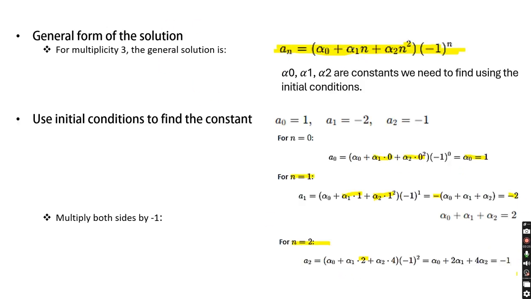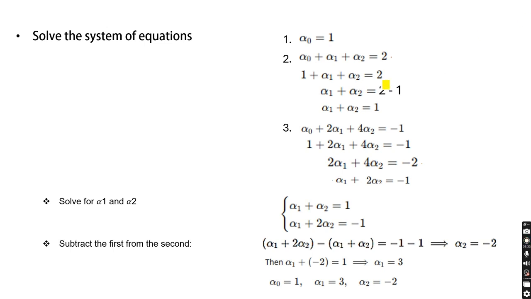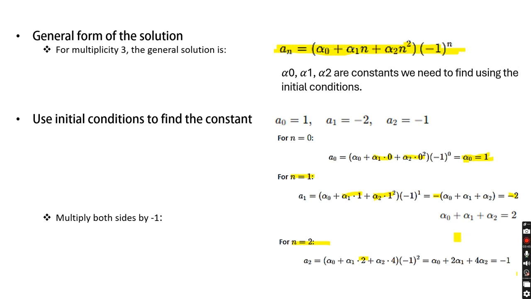So, we can see here that the value of our a0 is equal to 1. Now, for a1, we have the first equation, a0 is equal to 1. And then next is a0 plus a1 plus a2. This is the equation we will use.